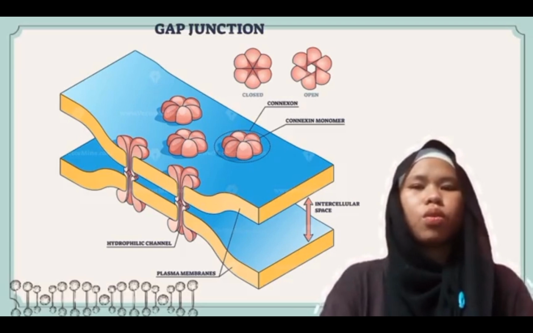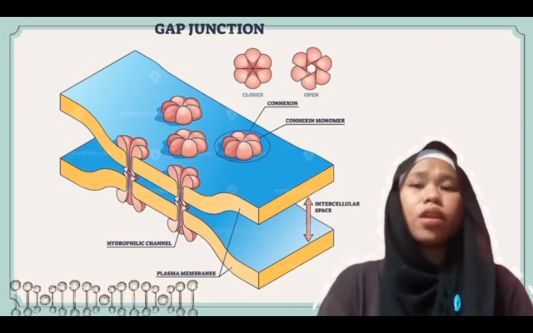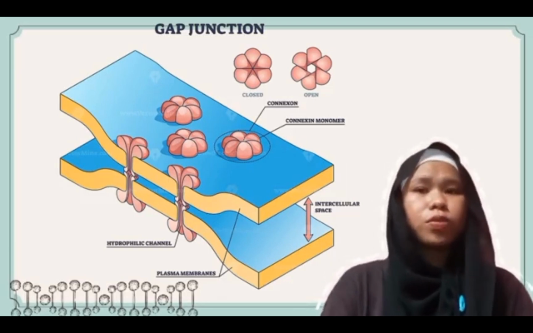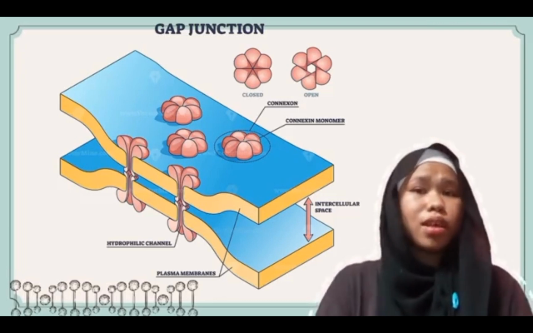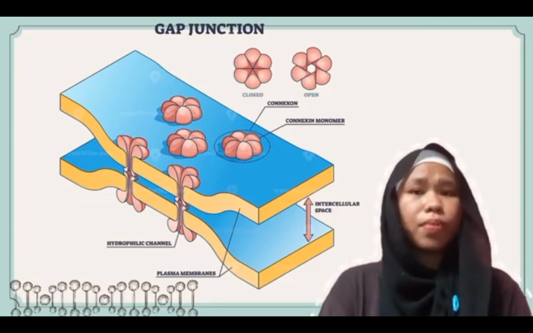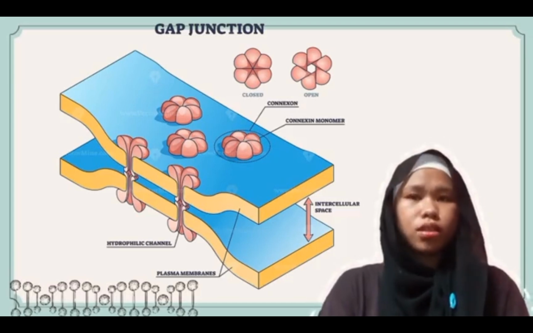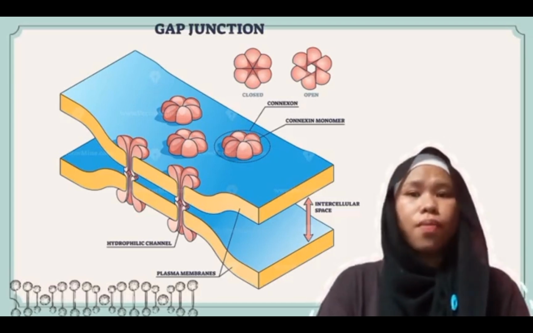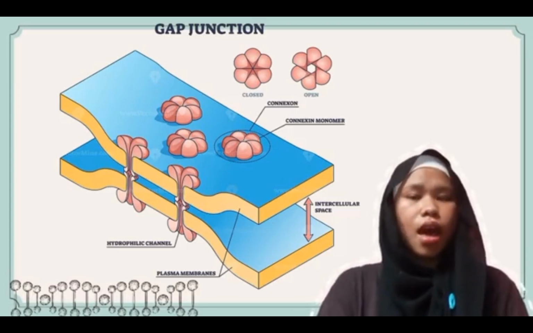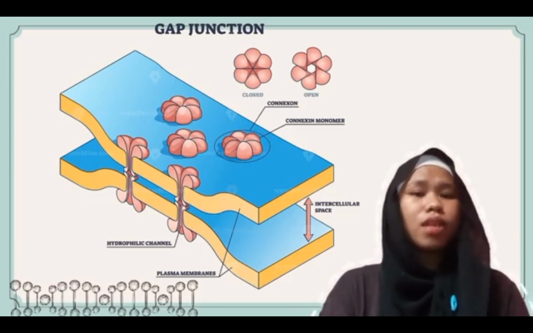The connexins are the fundamental building blocks of gap junctions. Each connexon is a hexameric protein complex composed of 6 identical connexin subunits. Connexons from 2 adjacent cells align to form a continuous channel, allowing for the passage of molecules between the cells.